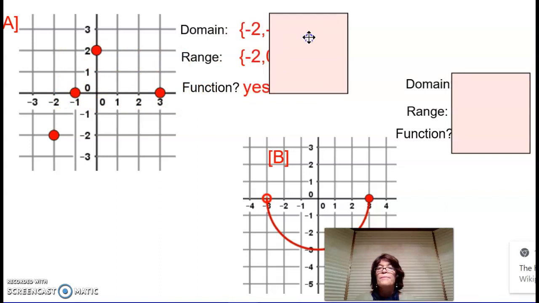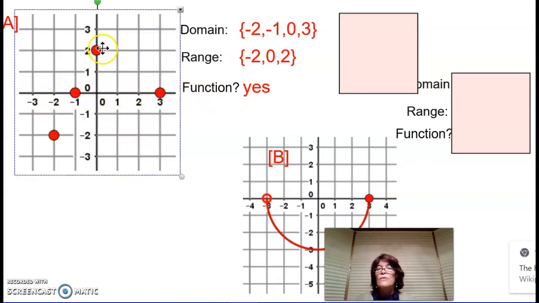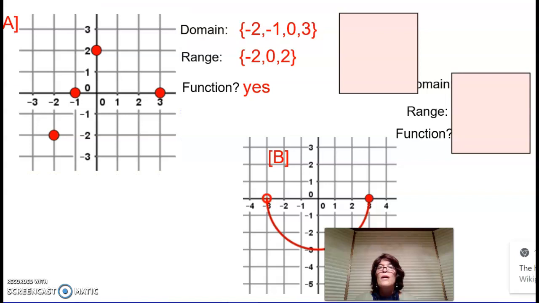So let's see. The domain, yep. We got the -2, which is right here. We got the -1, we got the 0, and we got the 3. The range, we got the -2, which is the y. 0 is these 2 points, and 2. There's no vertical line that's going to hit this more than once. So great. Yes, it's a function.